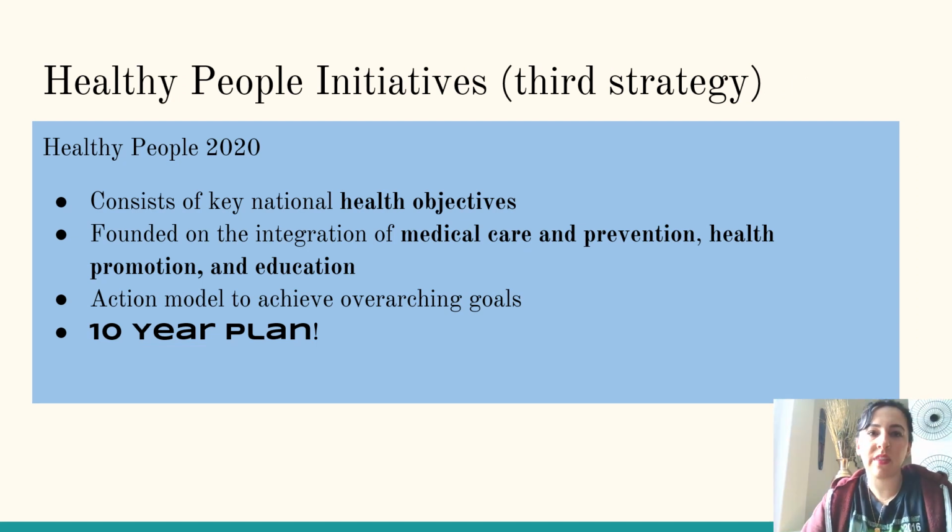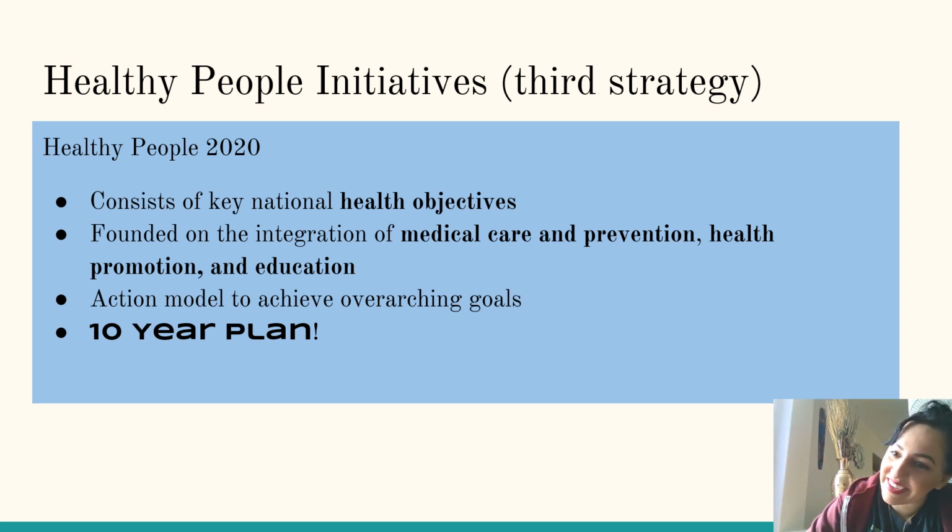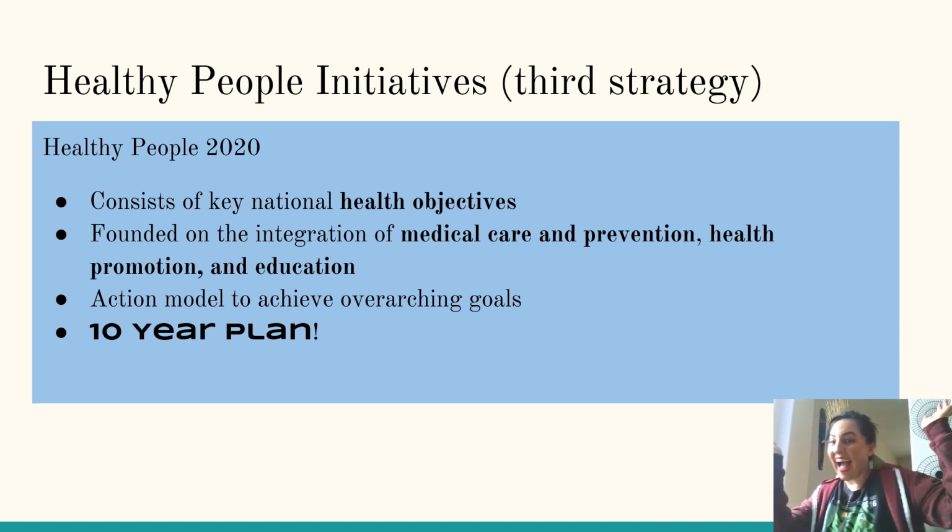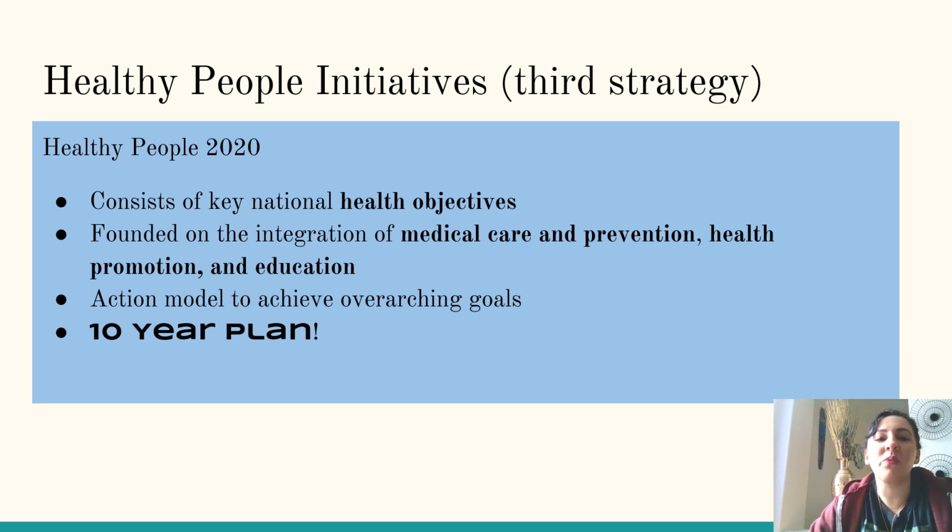Okay, so Healthy People 2020. Basically every decade, the Public Health Administration usually releases a 10-year health plan for the nation.